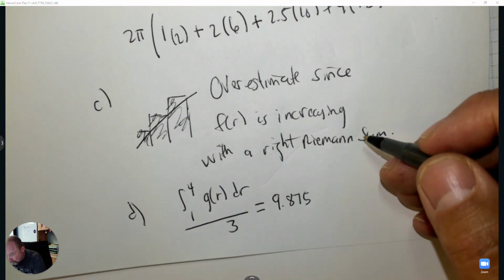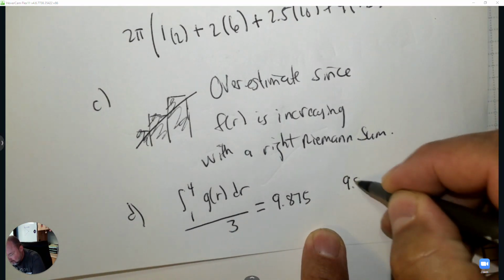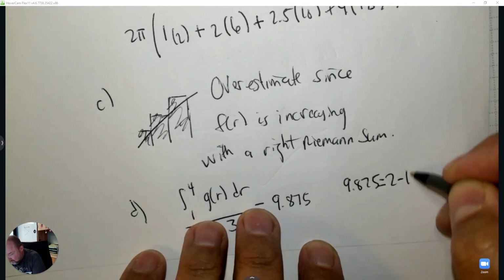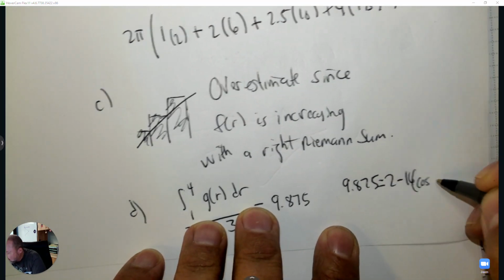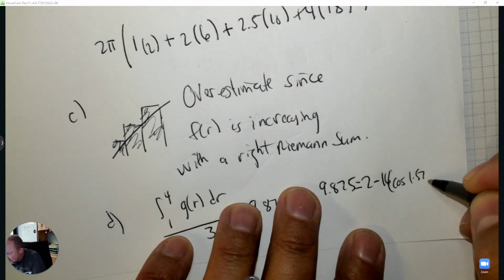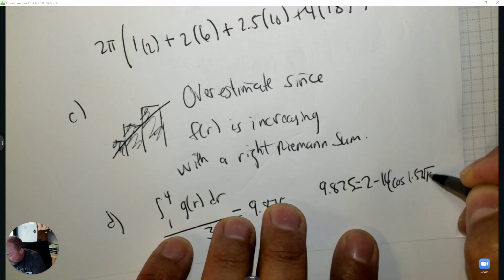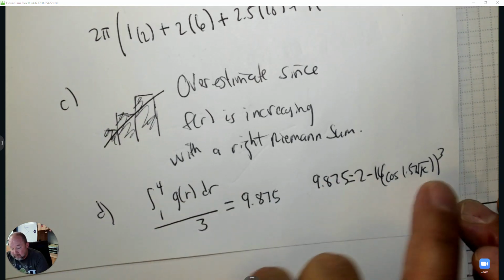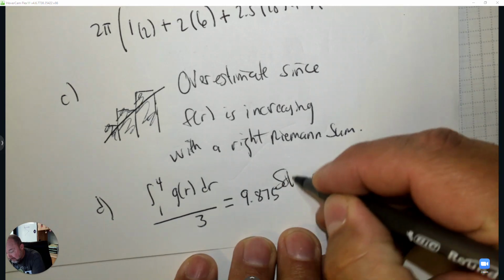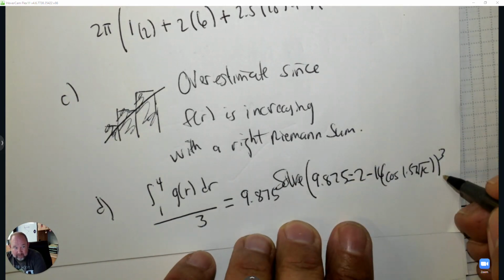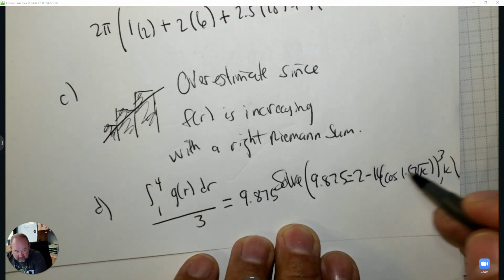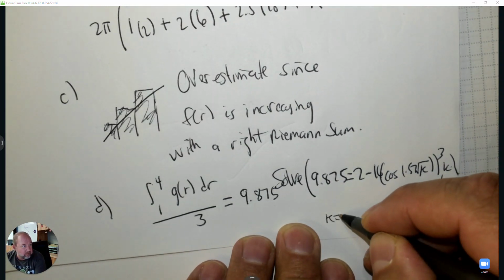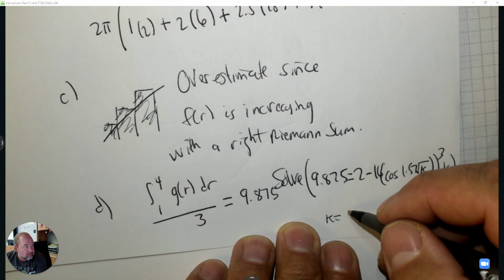So take that average value equal to 2 minus 16 cosine 1.57 square root of, and it's going to be k instead of r to the 3. So the equation that's given in there, but put in k instead, you're going to use your calculator. You're going to go solve, type all that in, comma k. Try with your calculator, type all that in and see what k equals. And you see that k equals about 2.497.